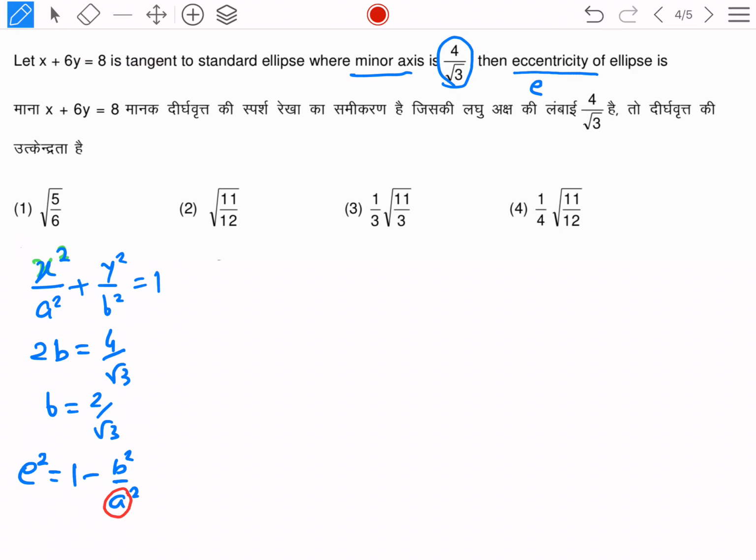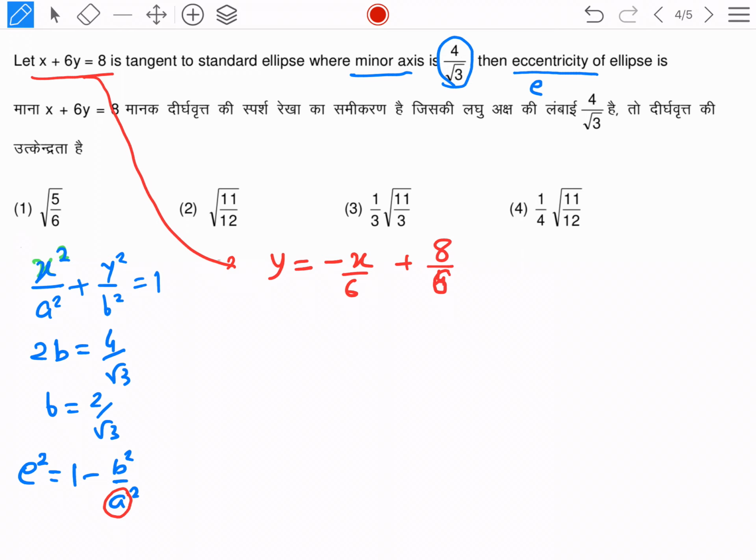Recently we have read the equation of tangent. The given line is y is equal to minus x by 6 plus 8 by 6.